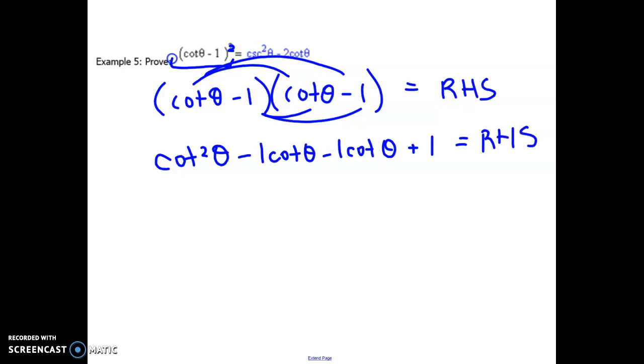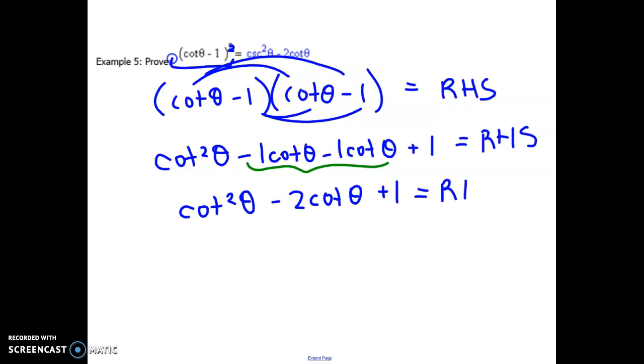Now I also see that there's something I can combine. Just like when you're FOILing anything, the two middle terms should be like terms, so you can add them together. So here we're sitting at cotan squared minus 2 cotan theta plus 1, and that equals the right-hand side. So we should notice here that the minus 2 cotan is already in the right-hand side, so that's good.